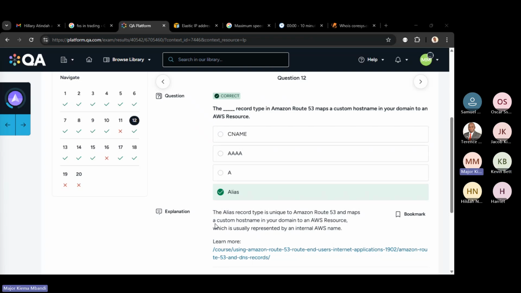Yeah. An example can also be a load balancer. So you can even map your domain name to an application load balancer, instead of mapping it to an IP address.